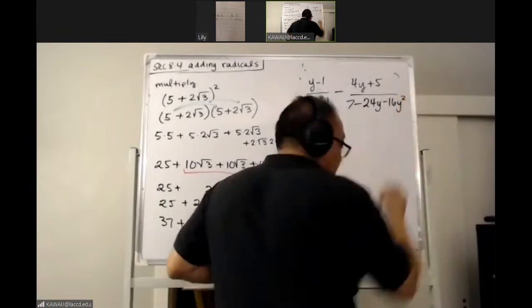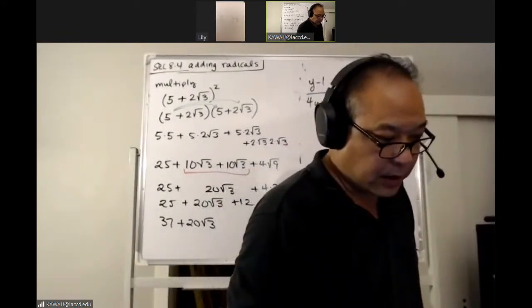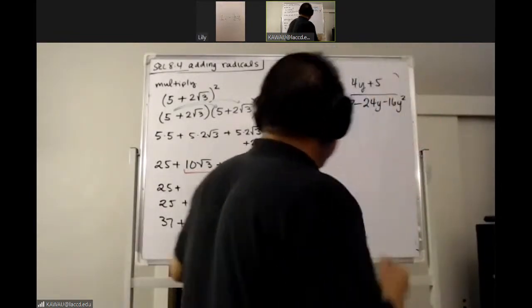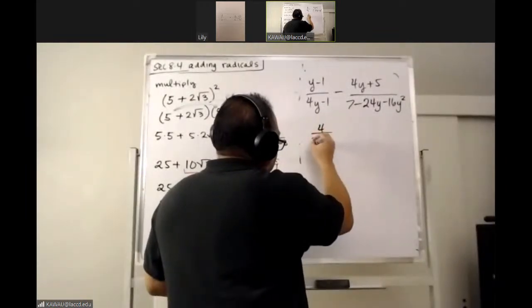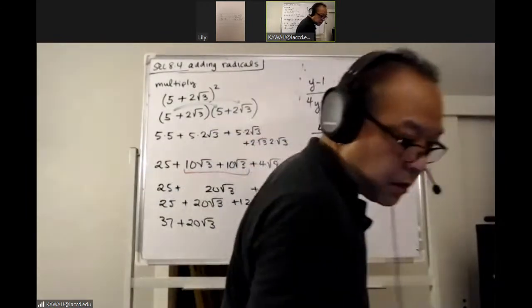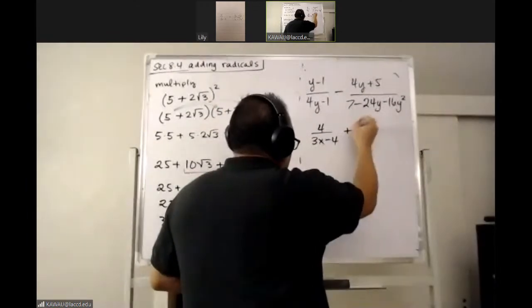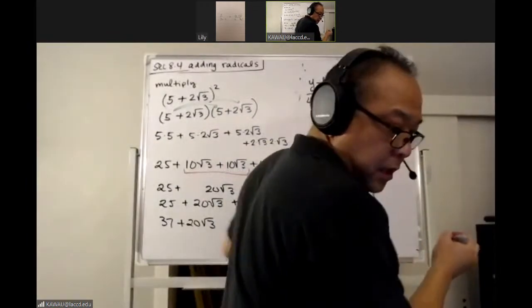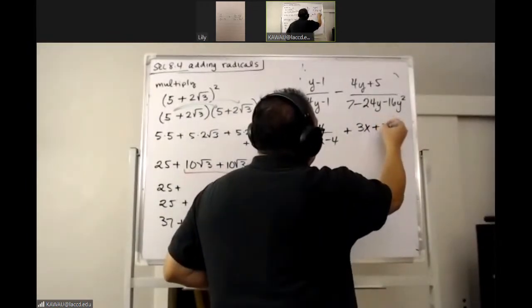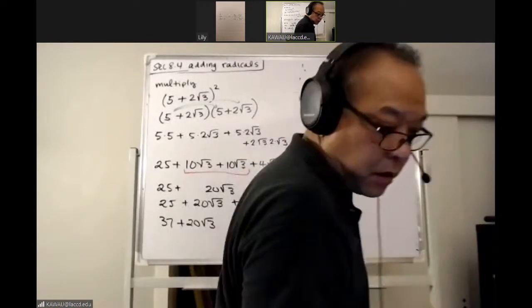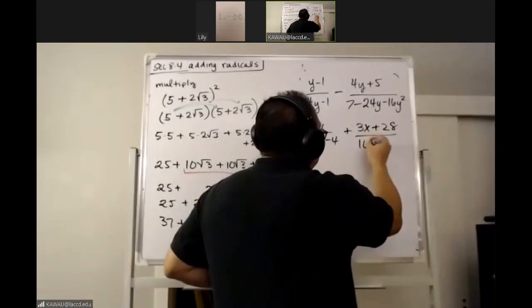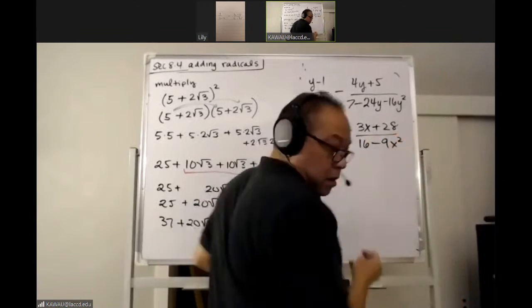Okay, and then what are the other ones? And here's the other one. 4 over 3x minus 4 plus 3x plus 28 over 16 minus 9x squared. Okay, perfect.